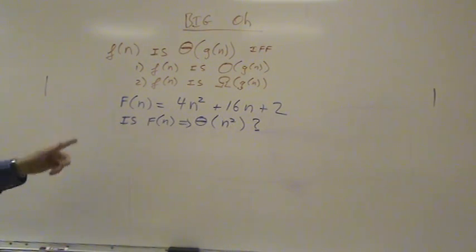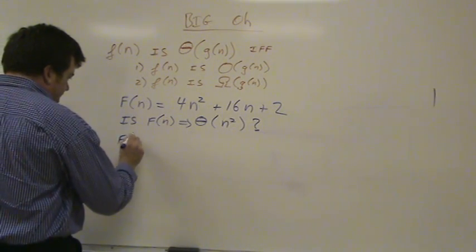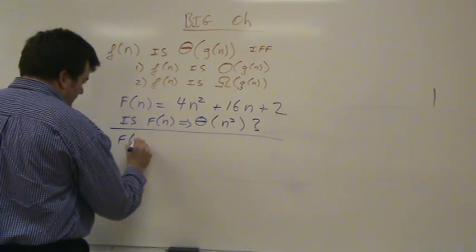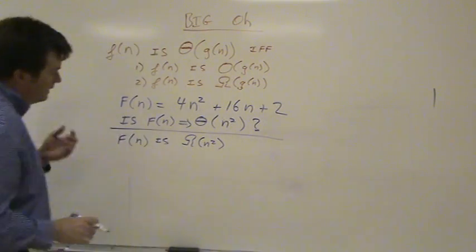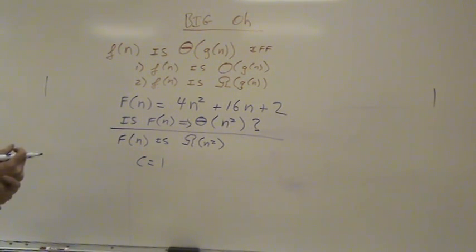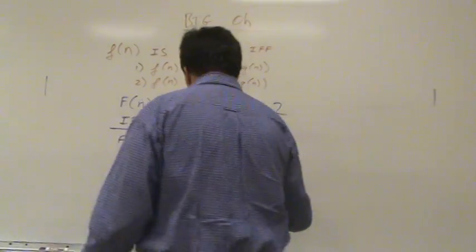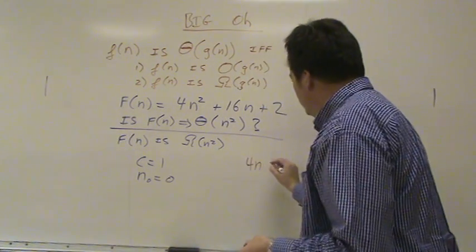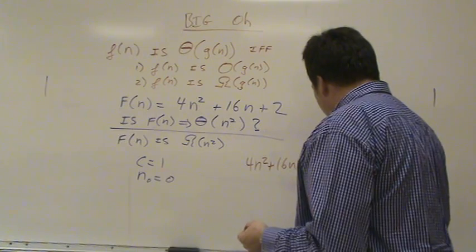Okay. So, let's do the omega one first, since that's easier. F of n is omega of n squared. How would we show that? We choose the constant equals 1, and we choose n0 equals 0. The function 4n squared plus 16n plus 2 is greater than 1 times n squared.